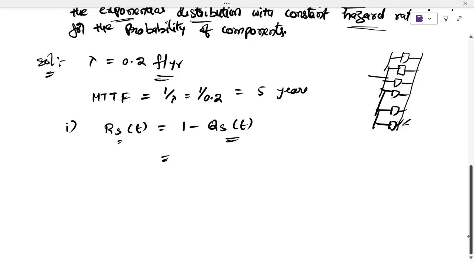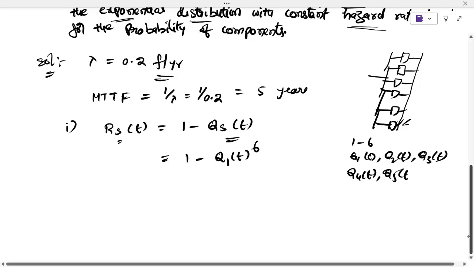So that is equal to 1 minus Q1 of t whole power 6. Because if you consider components 1 to 6, Q1 of t, Q2 of t, Q3 of t, Q4 of t, Q5 of t, Q6 of t, all are identical, they are given.